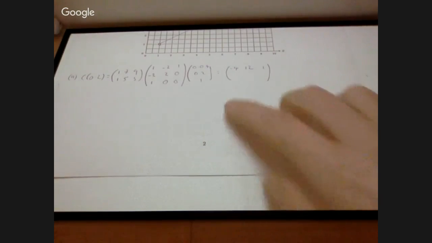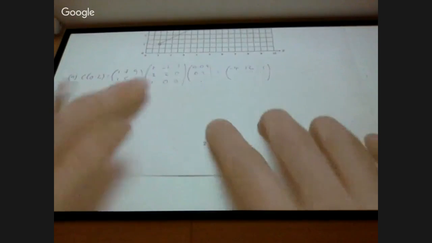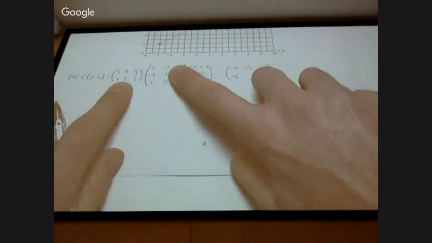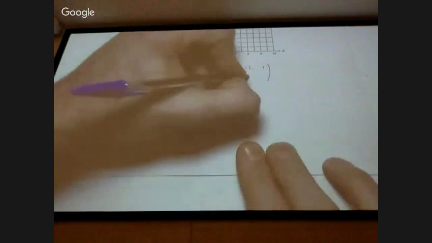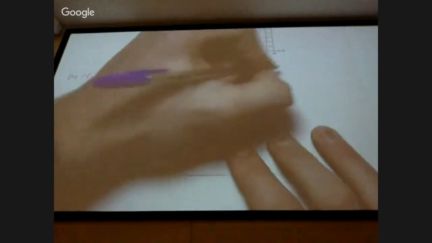Okay, second row. What have we got? I've got 1 minus 10, so that's minus 9, plus 3, so it's minus 6. Minus 2 plus 10, that's 8, plus 0. And I just got 1, plus 0, plus 0.